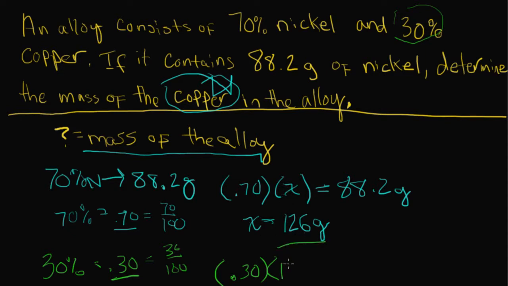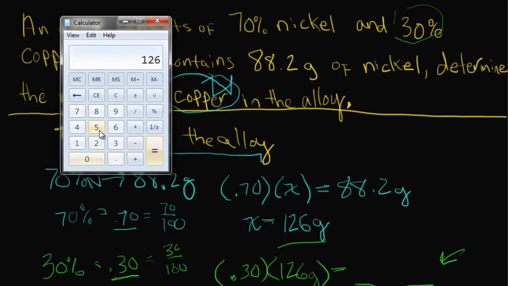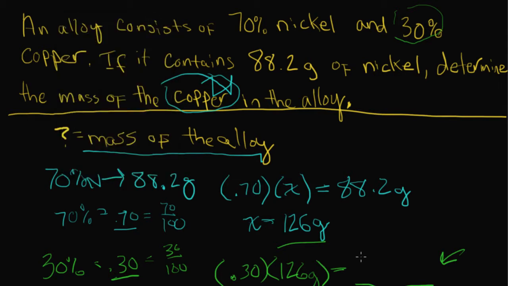We're just going to put this right here and multiply, and this will be the mass of the copper in the alloy. So 0.30 times 126, 37.8. 37.8 grams.